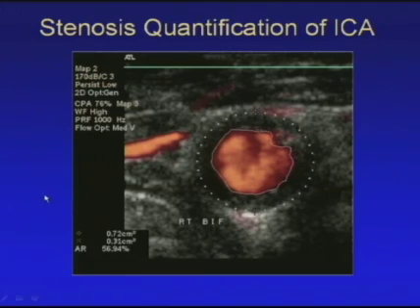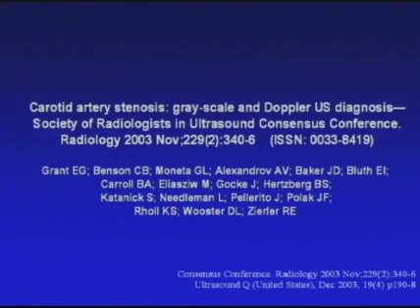Which method are we going to use? Well, we need to make a hemodynamic correlation between the B mode in transversal and longitudinal and the Doppler analysis, the spectral analysis.